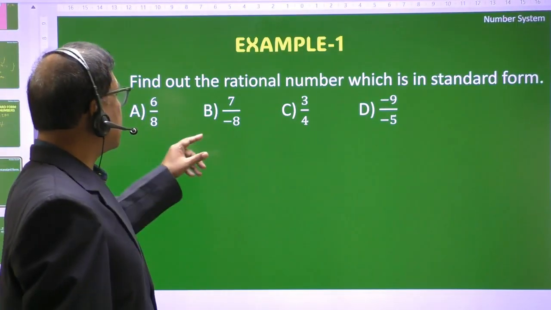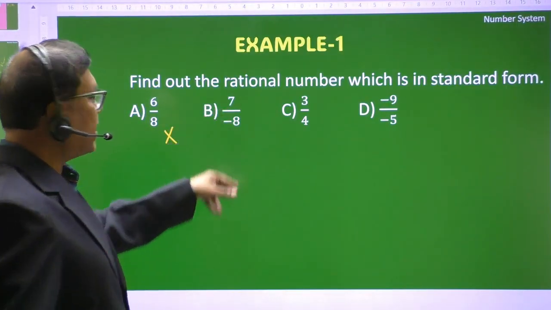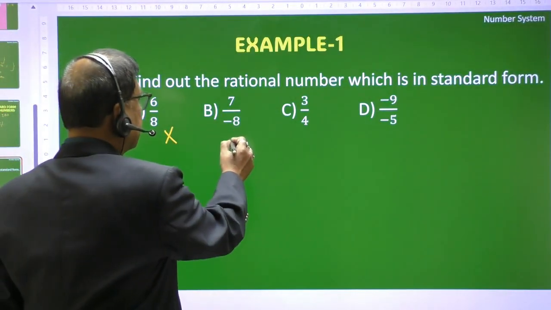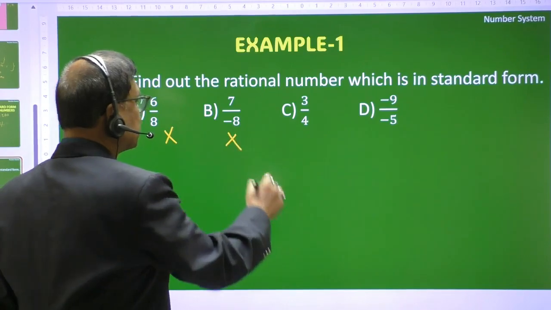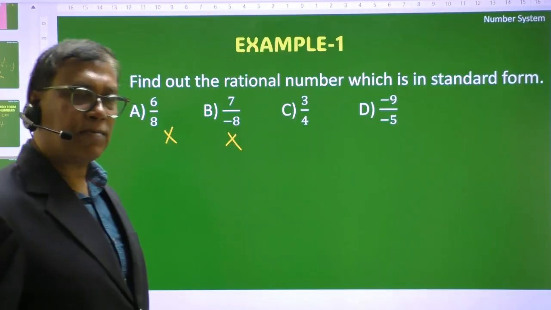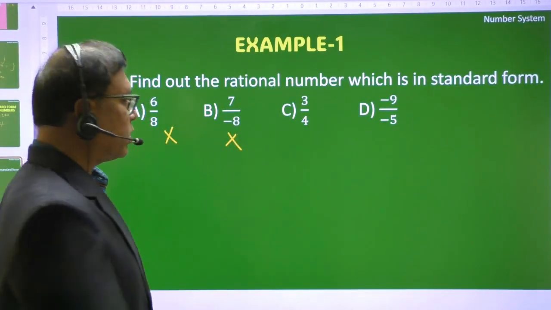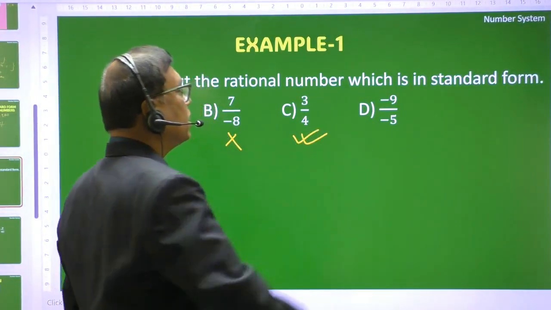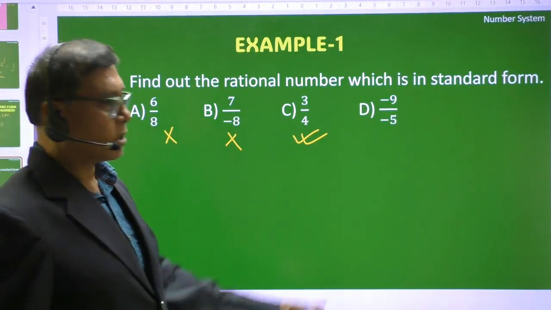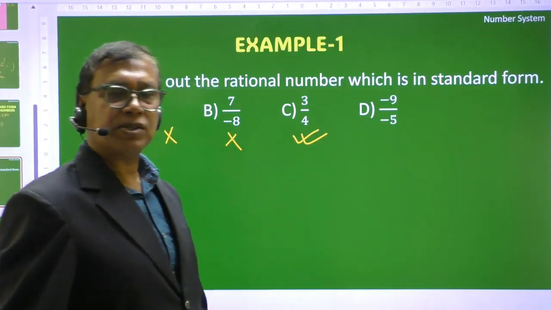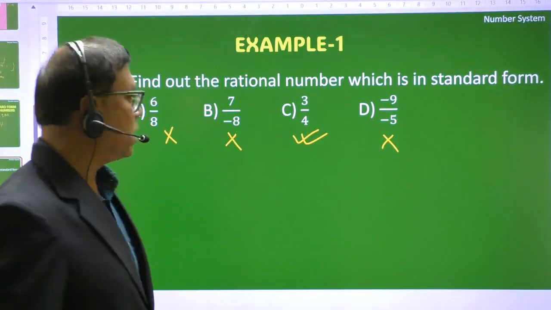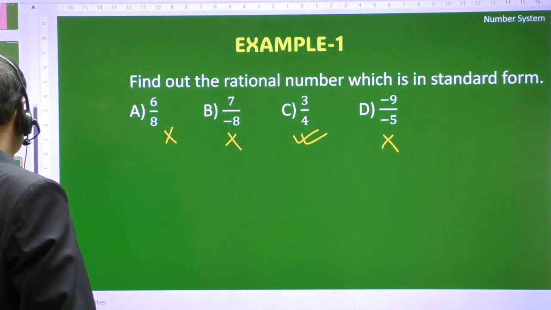So this is not in standard form. 7 upon -8 is also not, because the denominator is negative, but it should be positive. 3 by 4: 3 and 4 are coprime, 4 is positive. So yes, it is in standard form. -9 by -5 is not in standard form because the denominator is negative. Clear?